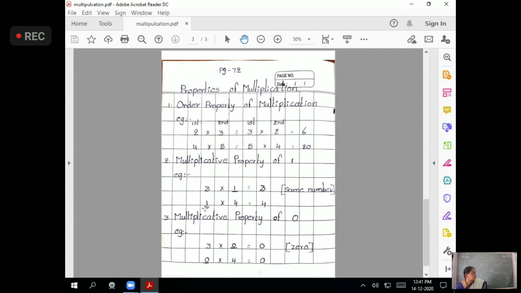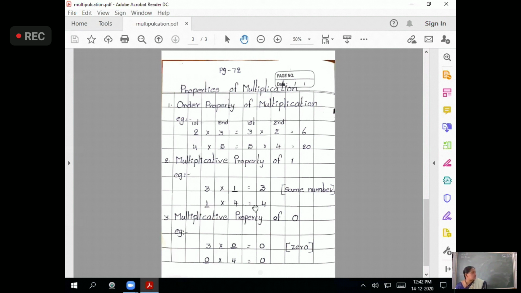The next example also, here we are multiplying 1 with 4. Don't think that 1 should be the second number. Okay, in the multiplication, we need 2 numbers. In that, if one number is 1, the remaining number will be the answer. 1 into 4.